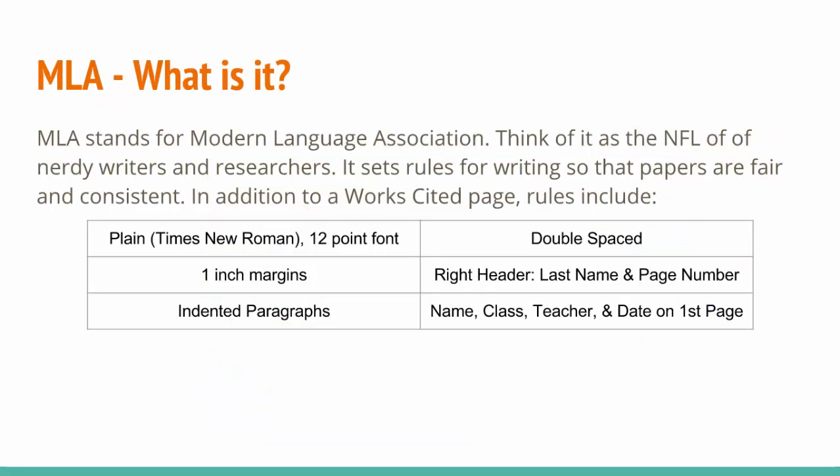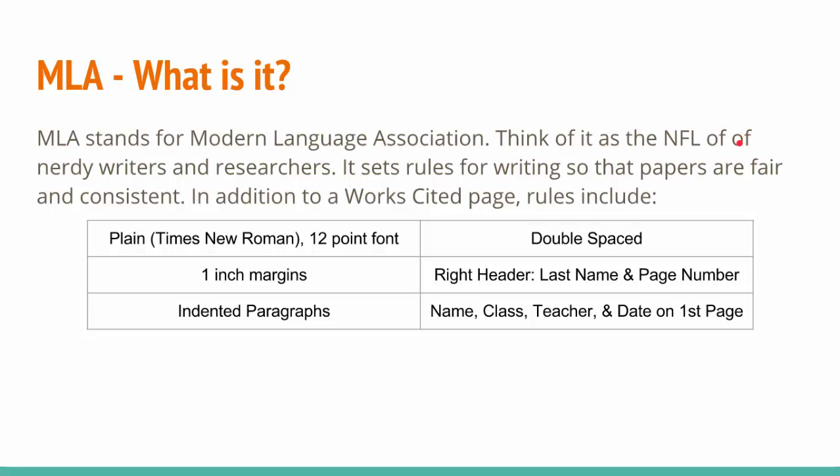Research papers at the 7th grade level use a style called MLA. That stands for the Modern Language Association. It's kind of the NFL of nerdy writers and researchers. It sets rules for writing so that the papers are fair and consistent. In addition to a works cited page, you have some other rules. Oops, and I'm going to fix that mistake.